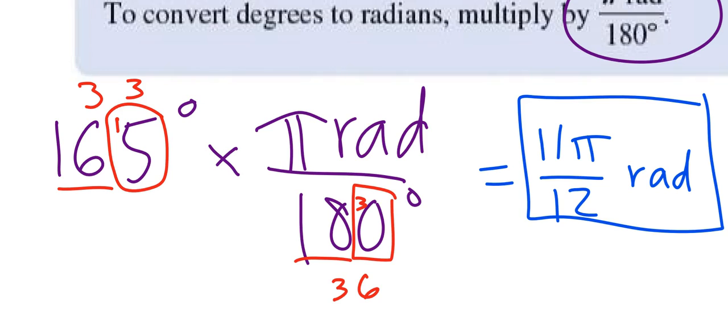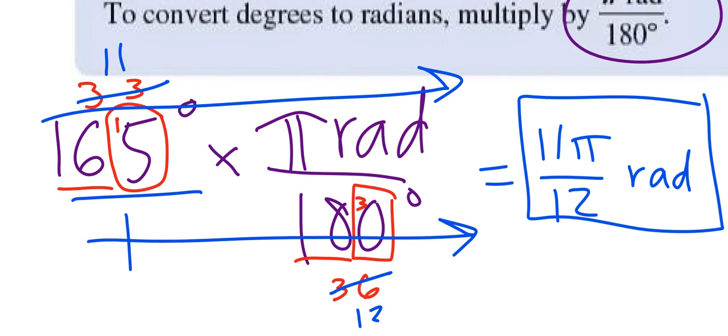I was hoping that if I skip a step, please, feel free to say, what did you just do? Okay, so 3 goes into 33 11 times and 3 goes into 36 12 times. So do you see that, this is over 1, and we talked about how you go straight across the top and straight across the bottom?